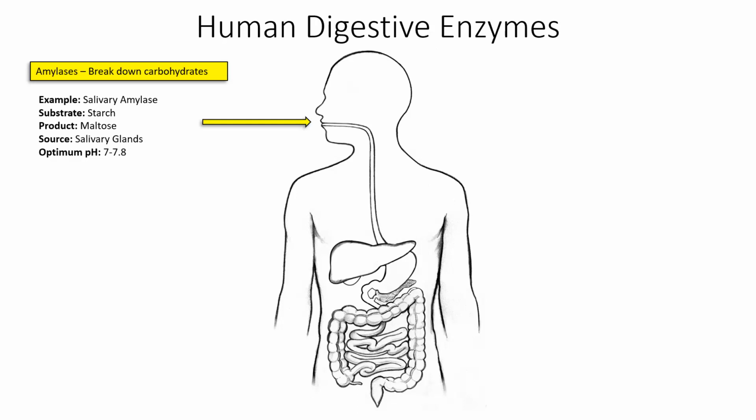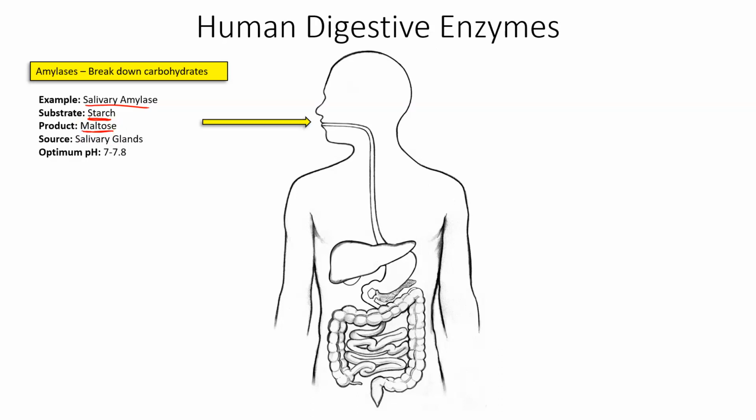Remember, saliva, that is produced by salivary glands, is going to contain an enzyme called salivary amylase. Amylase, just like pancreatic amylase, is going to break down starch. It's going to hydrolyze starch into a product called maltose.